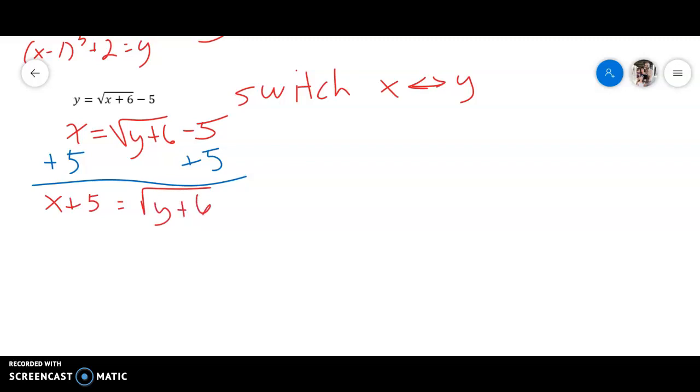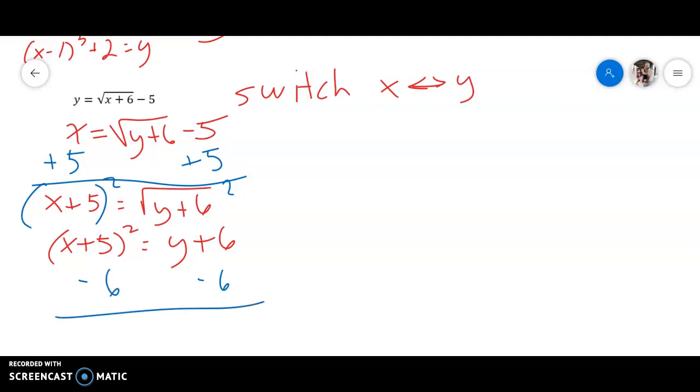Now looking at this, how do I solve for y now? I've got to square that side. If I square that side, I square this side. And let's see what we got. (x plus 5) quantity squared is equal to y plus 6. So from here on out, it's a pretty straightforward process. Just solve for y. I'll subtract 6 on both sides.